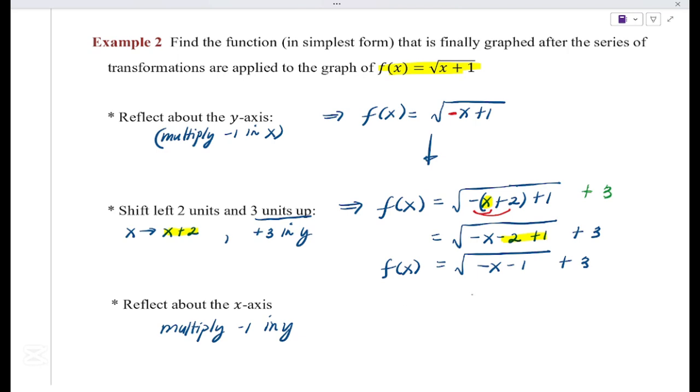So the transformation will be f of x is equal to multiplying negative in square root of negative x minus 1 and multiplying negative in 3, so it will give us negative 3. So we multiply negative in these two terms. The square root of negative x minus 1 will be negative of this square root, and this plus 3 will be minus 3. So this is the final function after the series of transformations.